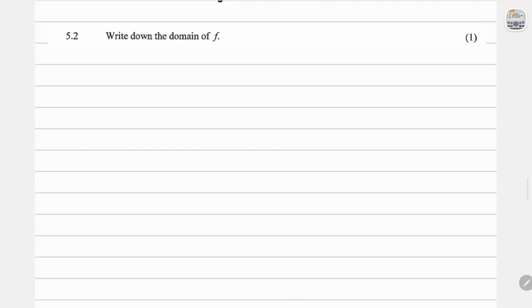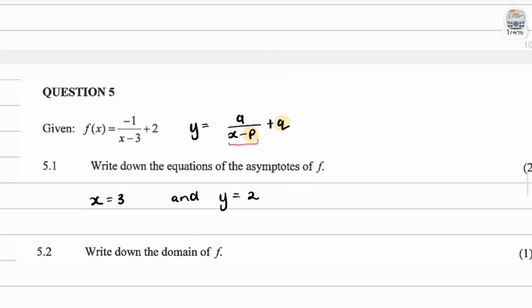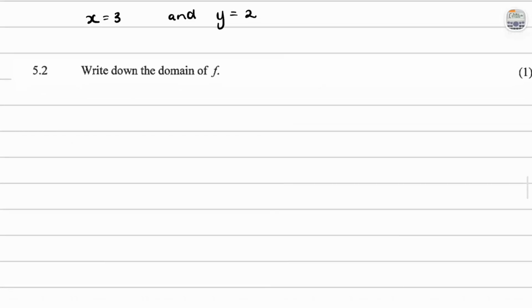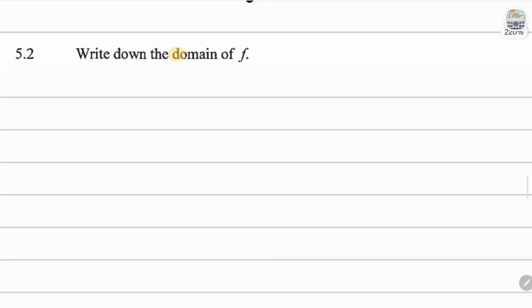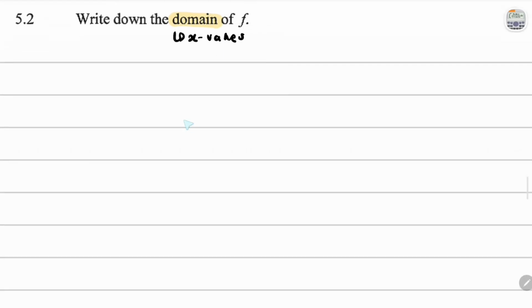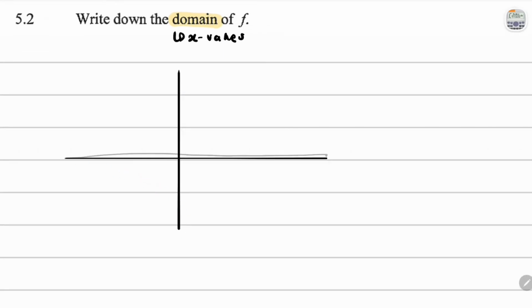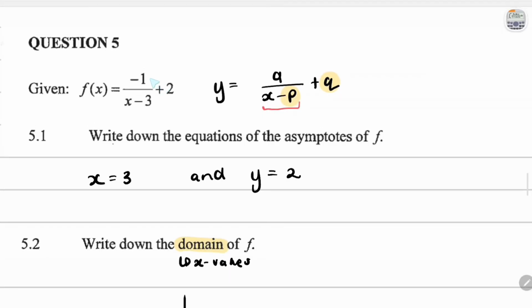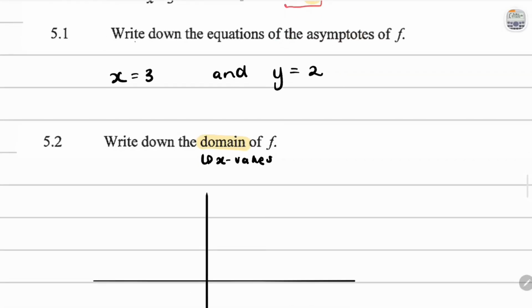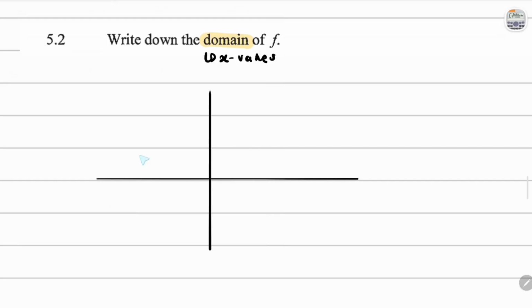Question 5.2 says, write down the domain of f. So this has a lot to do with the way the graph looks. The domain is all the possible x values that this graph has. With the hyperbola, you will notice that it would have almost every x value. This is a hyperbola where the a value is negative, meaning it wouldn't lie in the first and third quadrant.